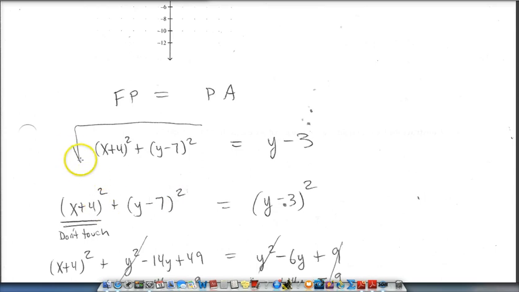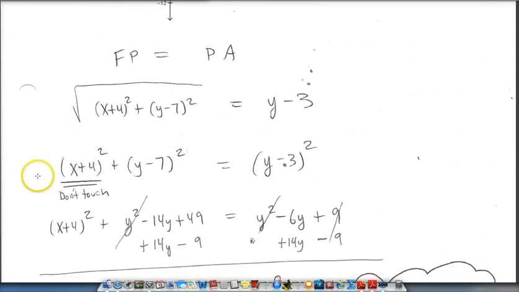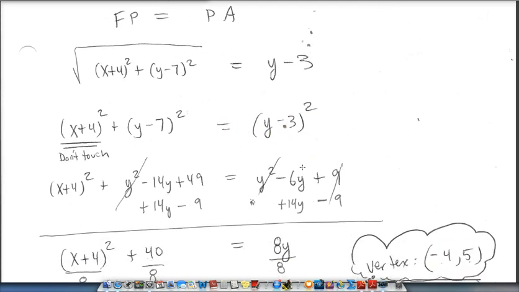And then to get rid of the radical, students need to know that we're going to square both sides. So the y minus 3 becomes (y minus 3) squared. And at this point, I just advise students that we're not going to touch the (x plus 4) squared. They'll see why later when we talk about vertex form, but for right now, just say in terms of the form that we want to get this in, we'll leave the (x plus 4) squared alone, don't touch it.